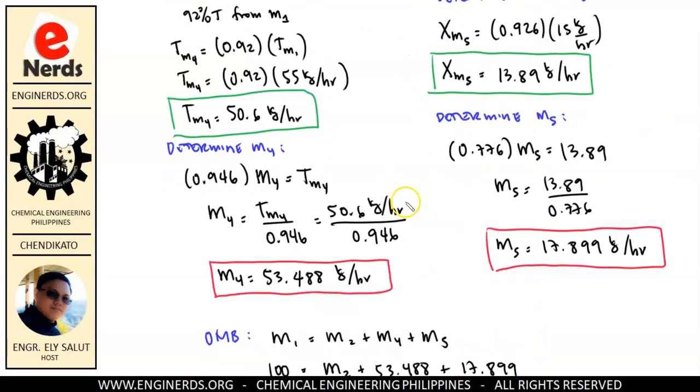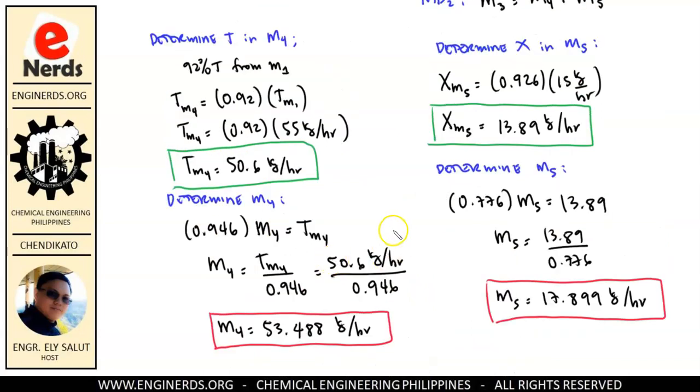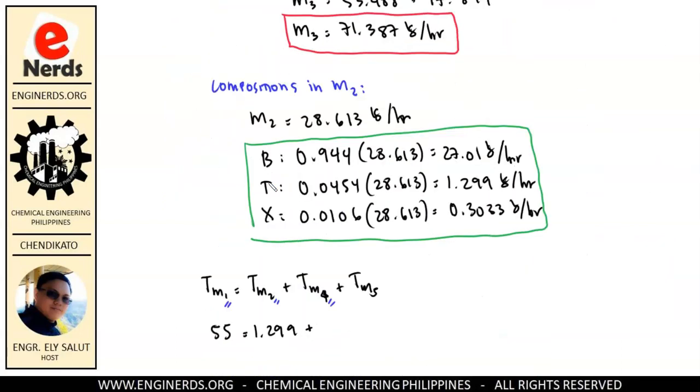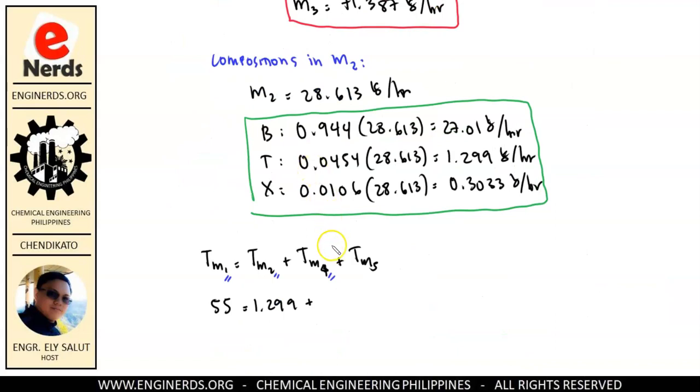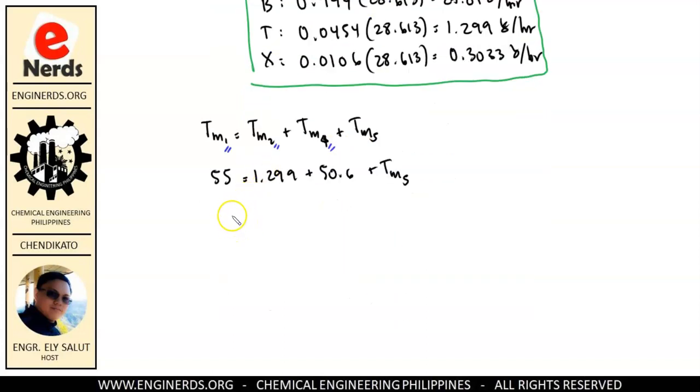Our toluene in M4 is equal to 50.6 kilogram per hour. So, plus toluene in M5. Now, we can calculate for the toluene in M5. Our toluene in M5 is equal to 55 minus 1.299 minus 50.6.